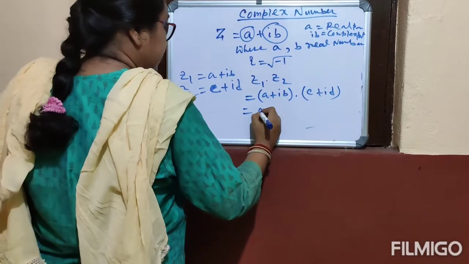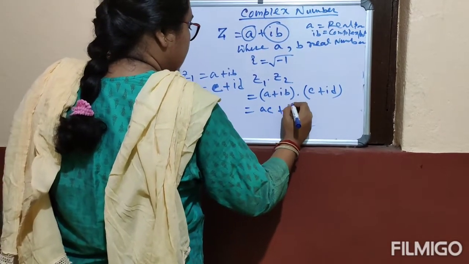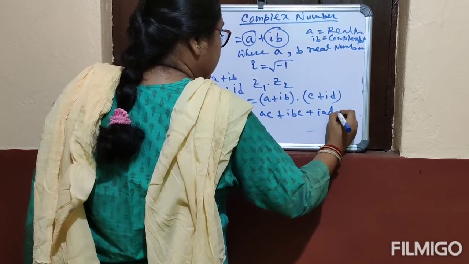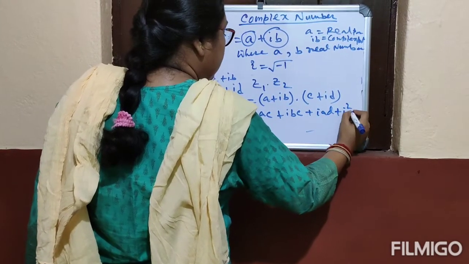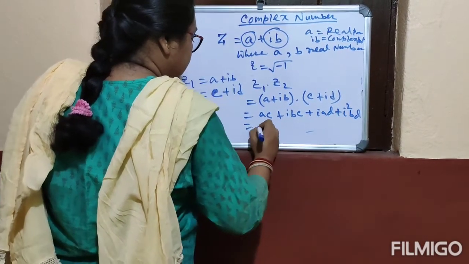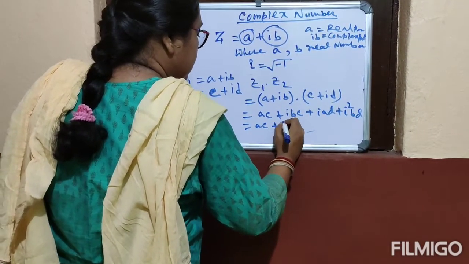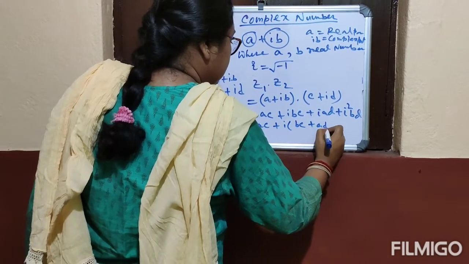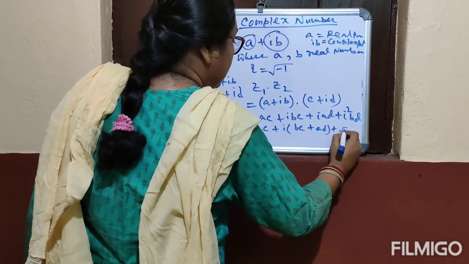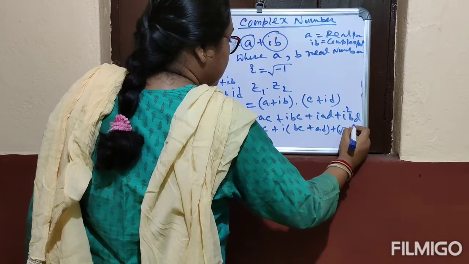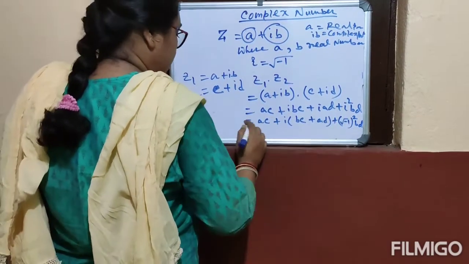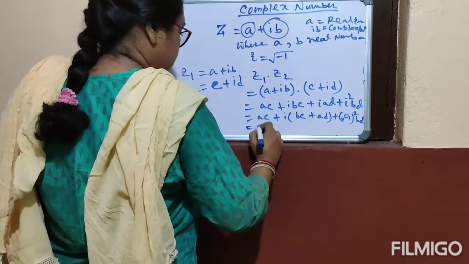Now you multiply: ac plus i into bc plus i into ad plus i square bd. That is ac, i is common, bc plus ad, and i square, where i is equal to root over of minus 1 squared. That's why the root is absorbed and only minus comes out.